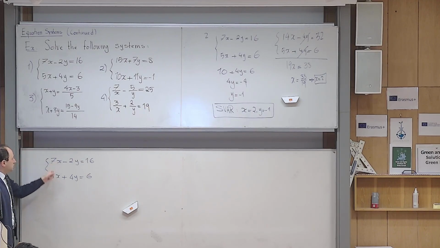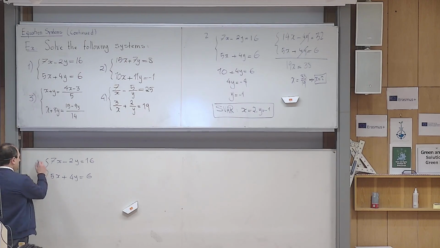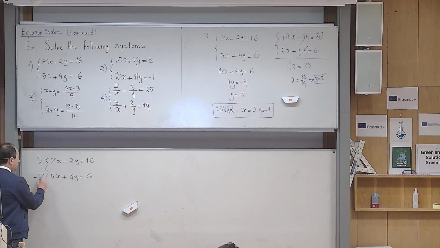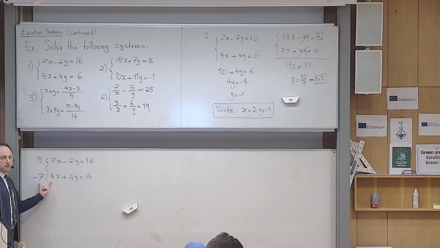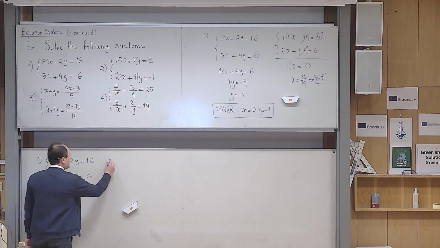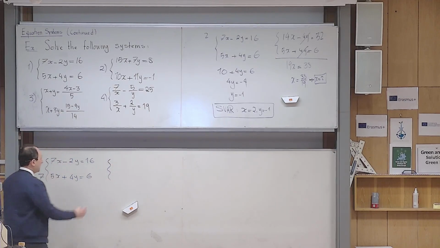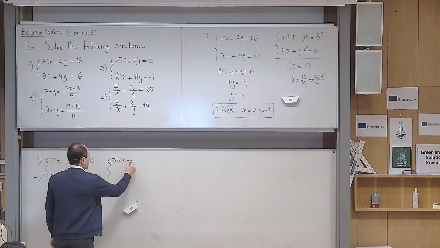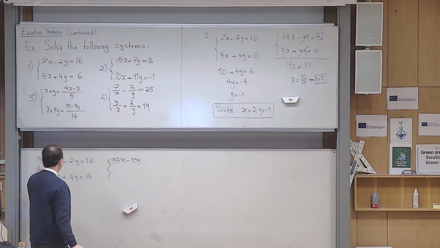If I insist to get rid of x, what should I do now? For example, I multiply this by 5, make it 35, multiply this by minus 7, make it minus 35. Yes, okay, so I have to multiply this now. You see, it becomes 35x, and then it becomes minus 10y, then the number is bigger.